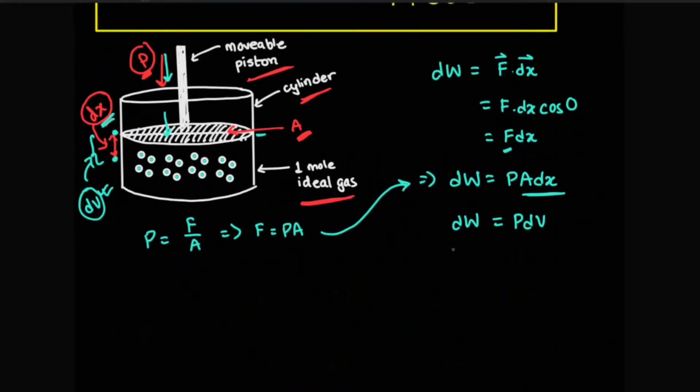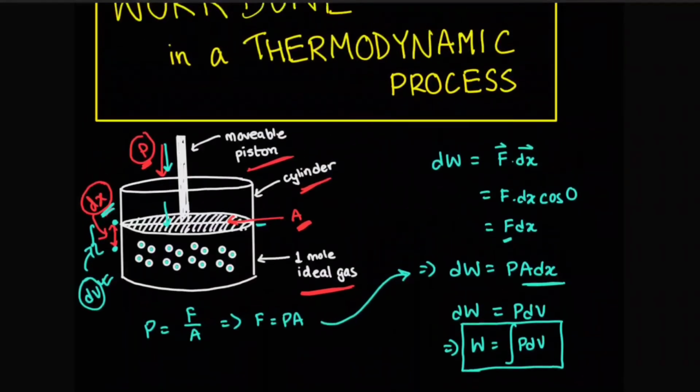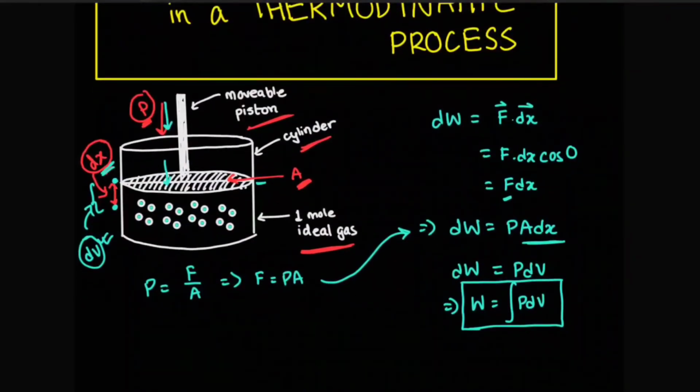Now, in order to calculate the entire work done, we take the antiderivative, so work done is equal to the antiderivative of P dV, and thus we have the entire work done in a thermodynamic process.